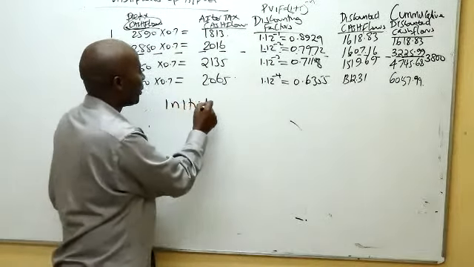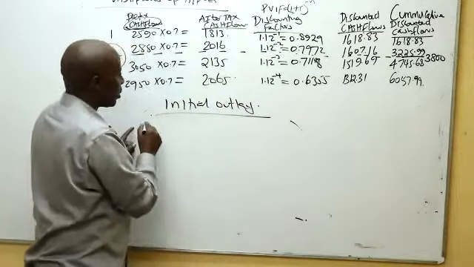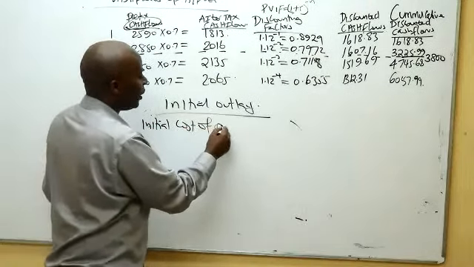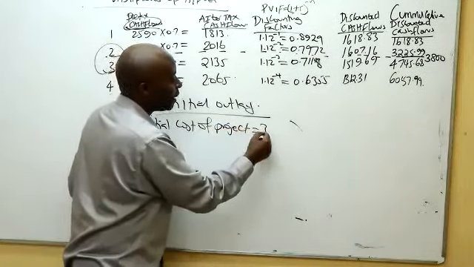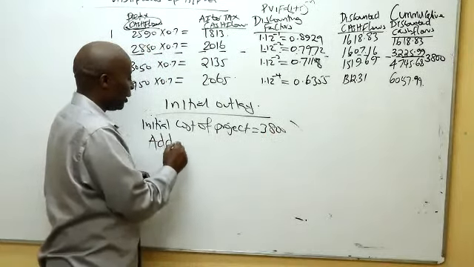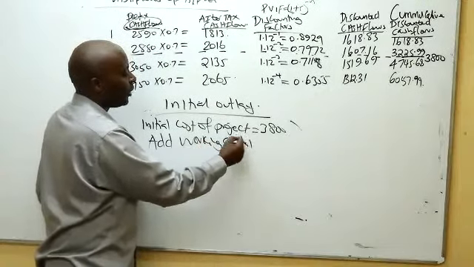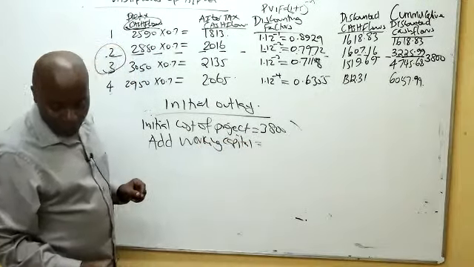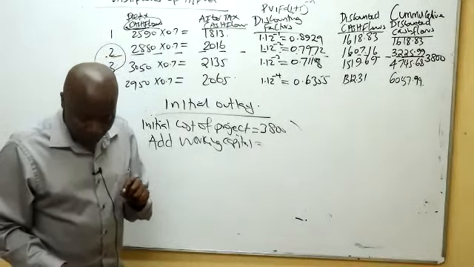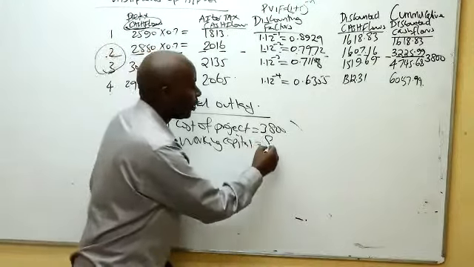The initial cost of the project is 3,800. And then of course you'll add the working capital required of 825 for project A.